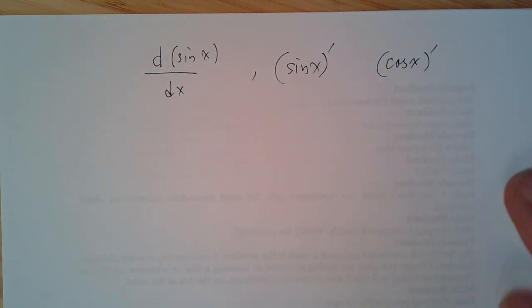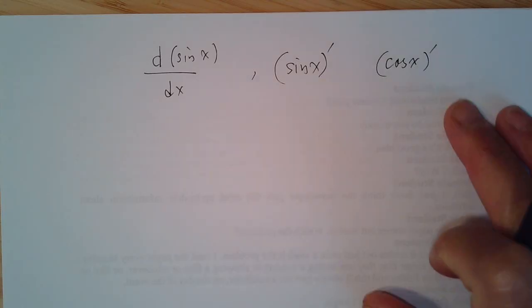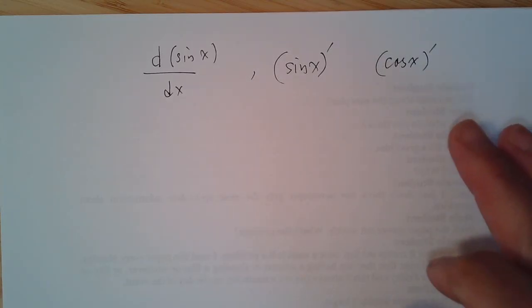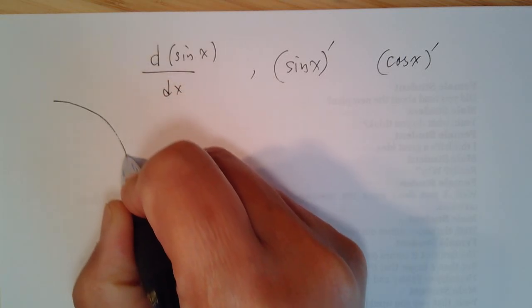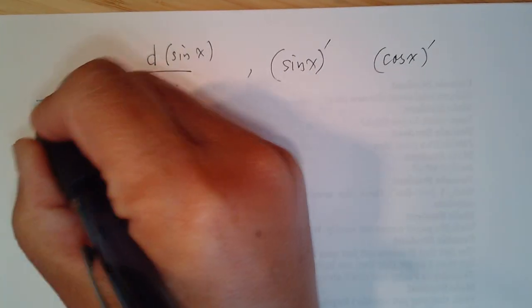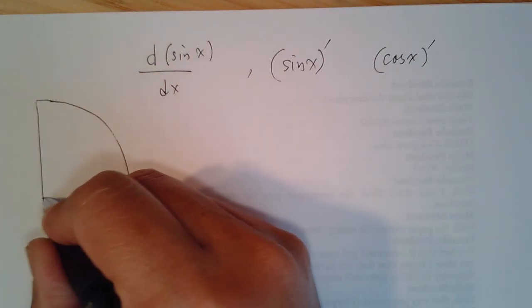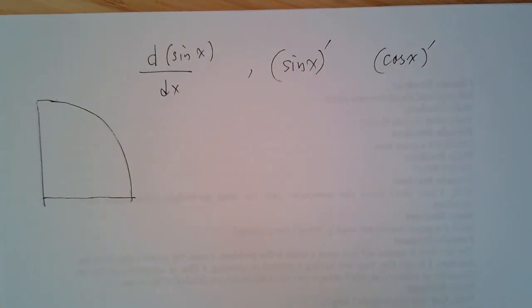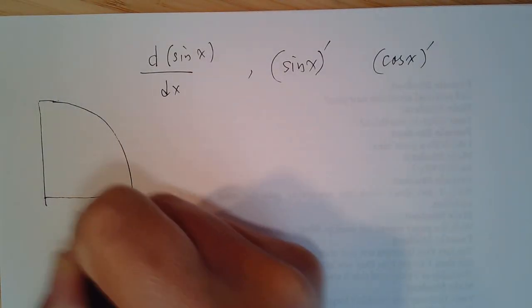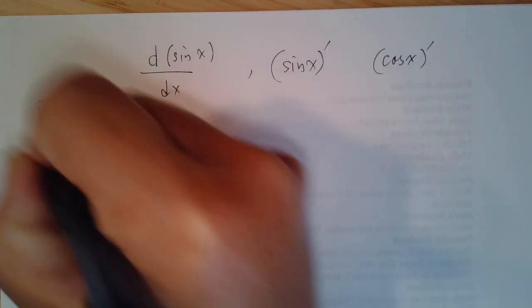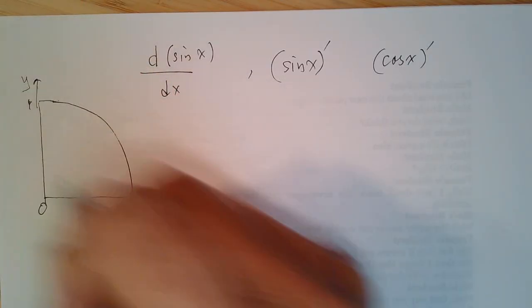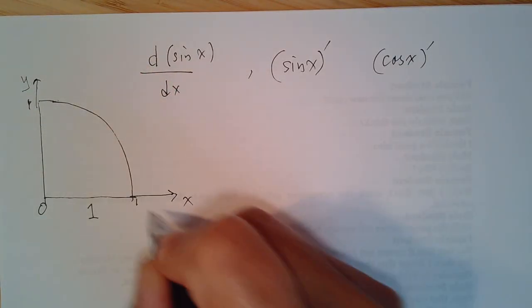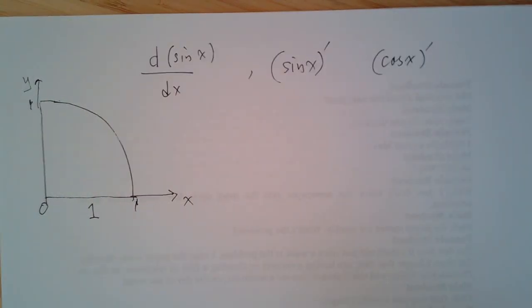Before we go to the detail, I would like to review a little bit about the limit we learned earlier. And I want to draw you a quarter of this unit circle with the radius 1. Here's a 0, here's a 1, and here is the 1 in the y coordinate, and here is the 1 in the x coordinate. So that's a little circle.